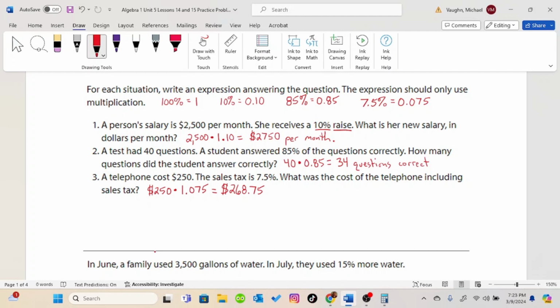In number two, the test only had 40 questions, so the number of correct answers must be less than 40. And finally, on number three, a telephone costs $250, but we had to pay sales tax on it, so our amount should be more than the original $250.